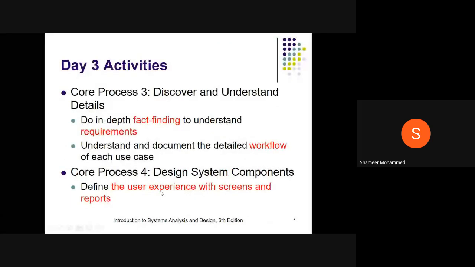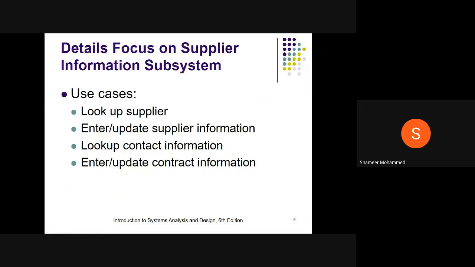So first you draw the diagrams, use case and class diagram, then you go for designing the system components. So detailed focus should be on the supplier information system. Only one subsystem we are going to develop.